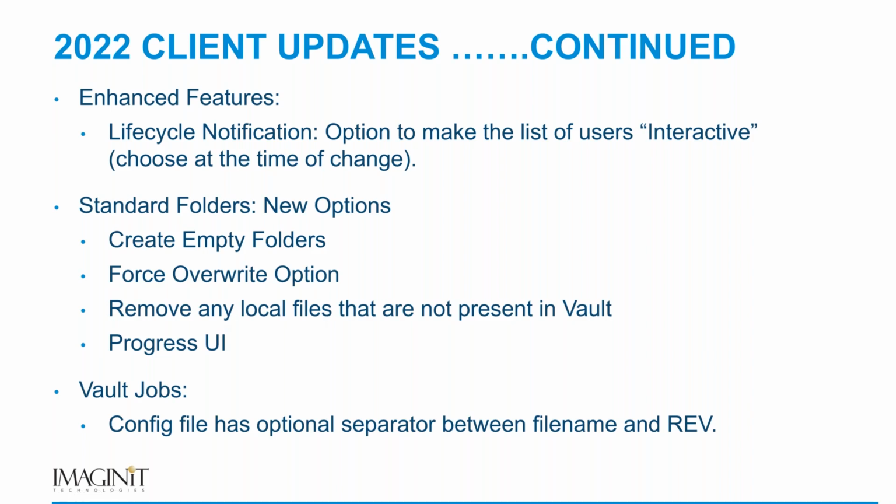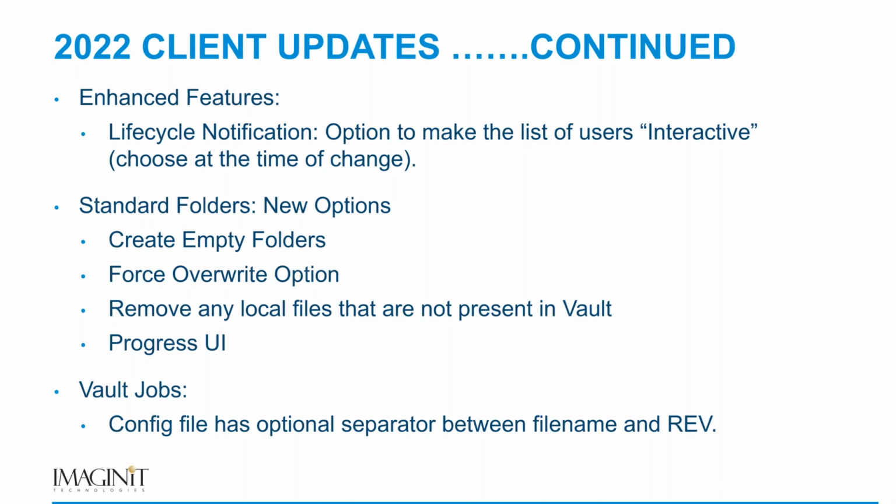Another thing we've added is the ability of changing the character between the file name and rev, if we're creating, let's say, PDFs for drawings and adding the rev to the PDF.